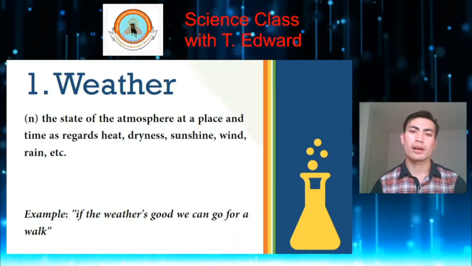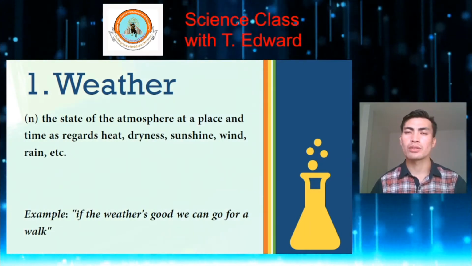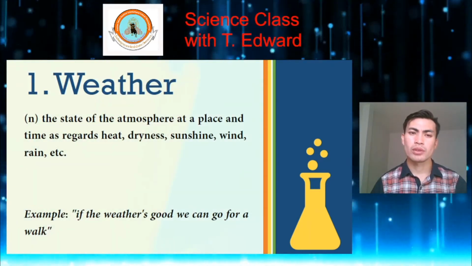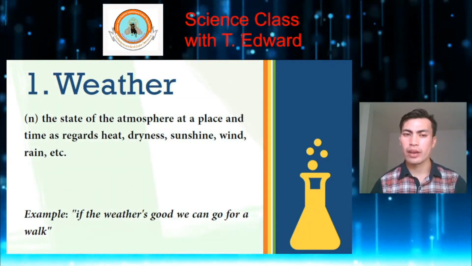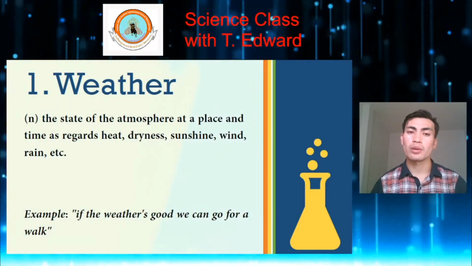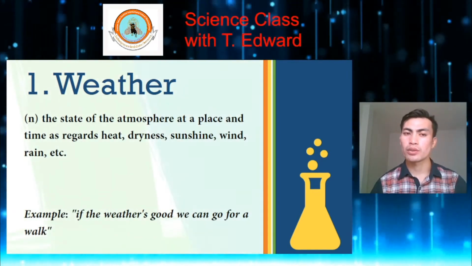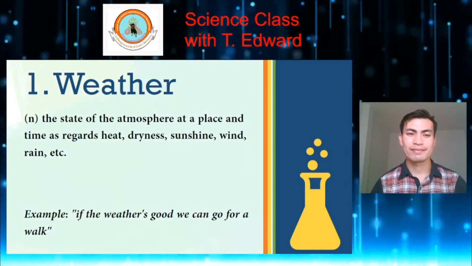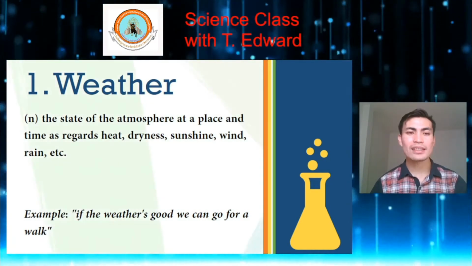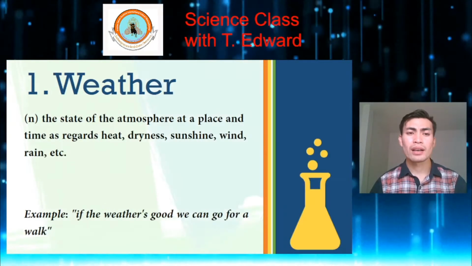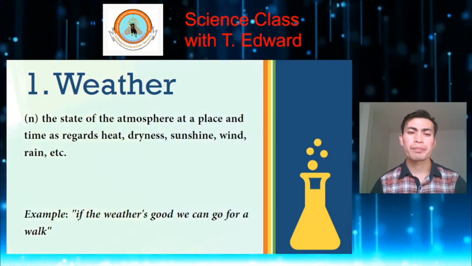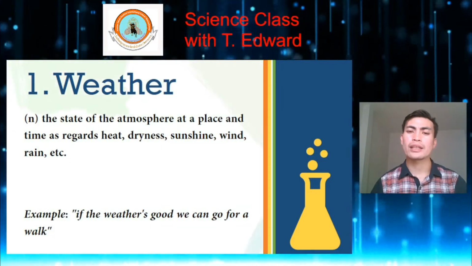Or if you have a friend who is living in the northern part of Thailand, you can ask them, what's the weather like there? Do you think that the weather in the northern part of Thailand is the same here in Rayong? We can use the word weather in a sentence like, if the weather's good, we can go for a walk.